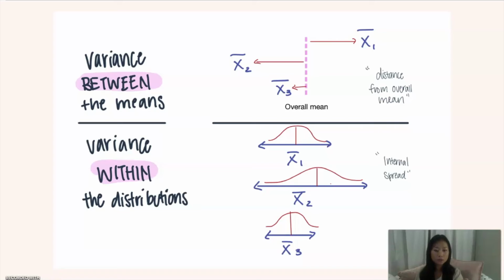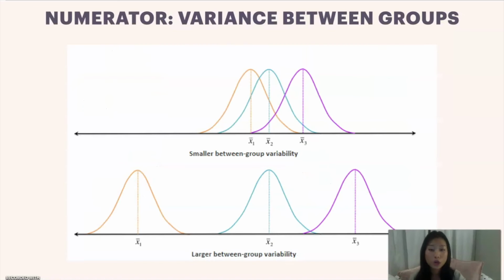So this is what it looks like. It's going to be how much variance is within each of the groups, or basically how each participant in the group is doing compared to another participant within that same group, or that internal spread. So here is another visual for the variance between groups.